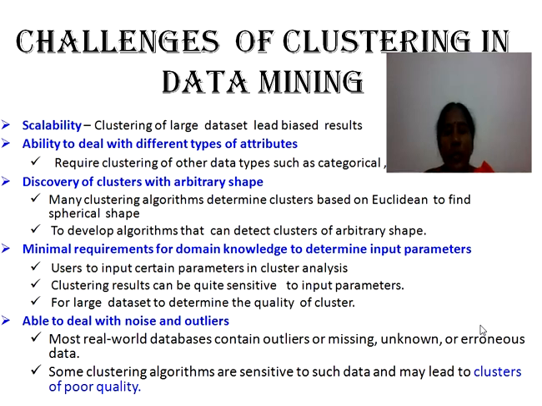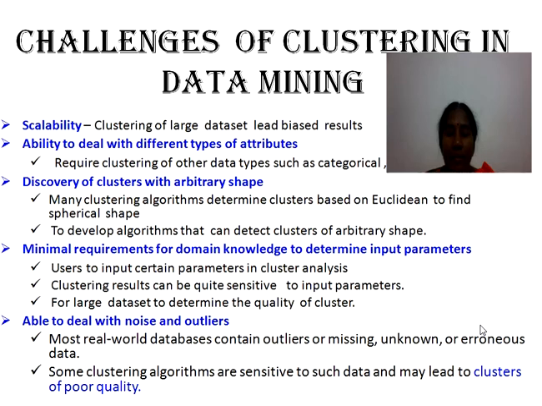Next, ability to deal with noisy data and outliers. From the beginning itself, we learned the purpose of clustering is to detect the outliers. Many real-world databases contain outliers or missing, unknown or erroneous data, and some algorithms are sensitive to such data, which may lead to clusters of poor quality.